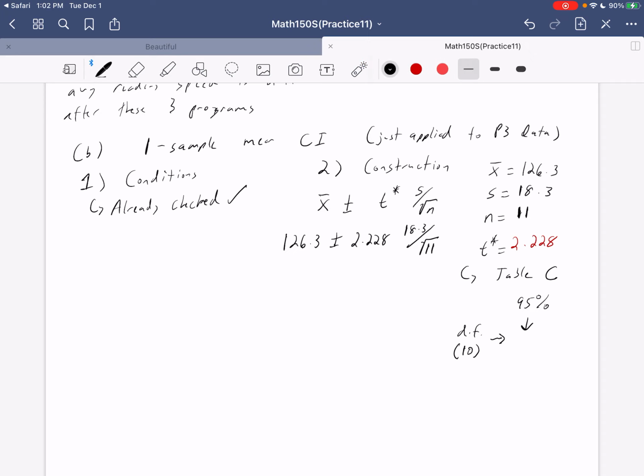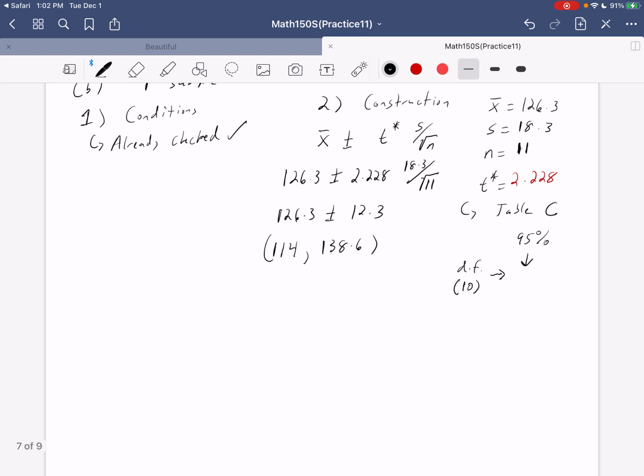And it looks like we should get 126.3 plus or minus 12.3. We'll go ahead and build our interval. 126.3 minus 12.3. Looks like we should get 114 as the low end, and 126.3 plus 12.3 looks like we should get 138.6 as the high end.